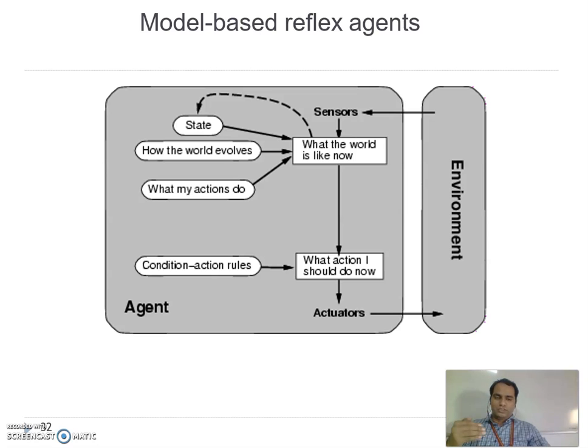If I do this action, for example I move two steps forward, then I will be two feet away from this location, and if there is some obstacle, I may hit it. So what is going to happen, and what do my actions do? It takes this into consideration, and based on the condition-action rules, it tries to select the action to be performed and performs it using the actuators.